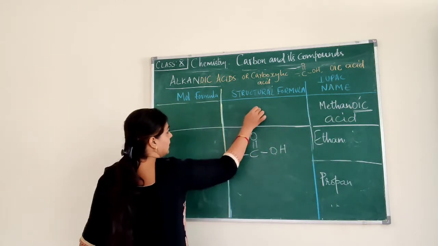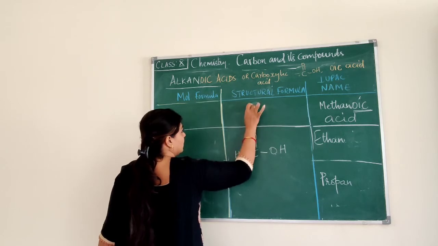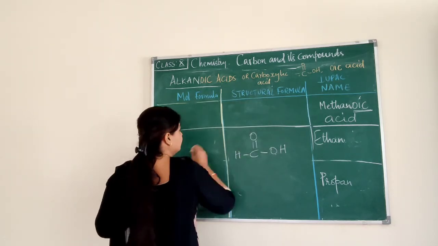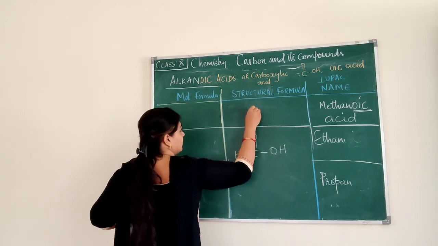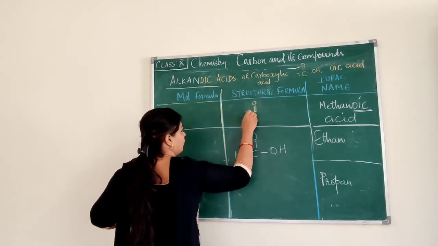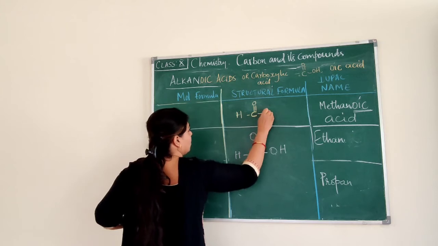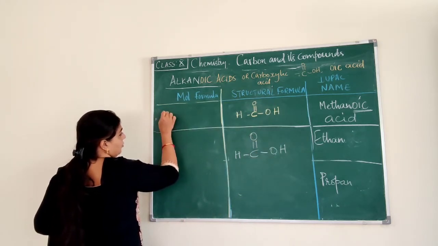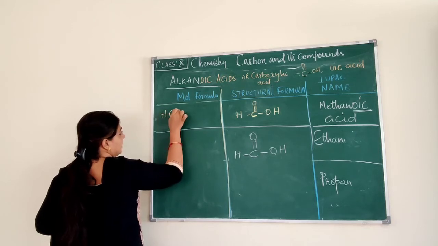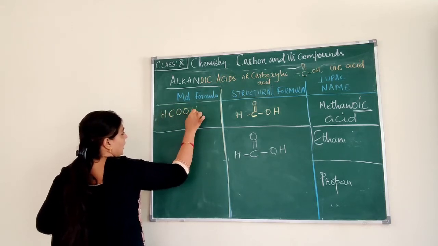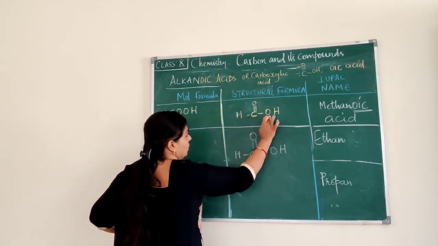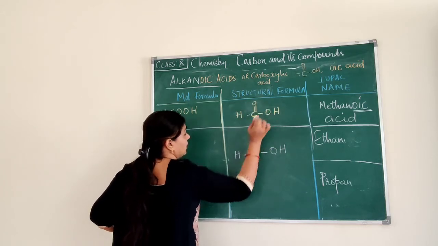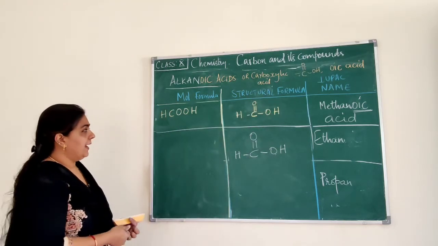So this is the structural formula for methanoic acid. What is the molecular formula? HCOOH. That is methanoic acid.